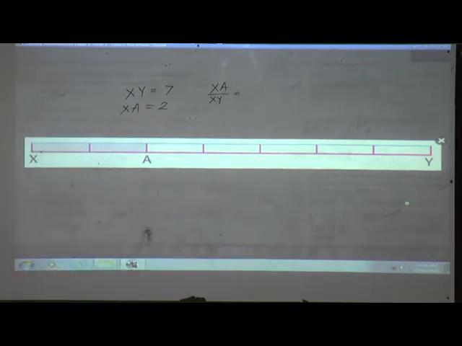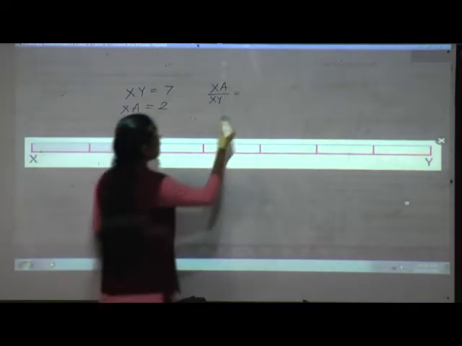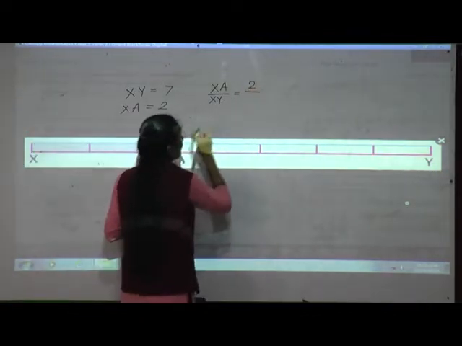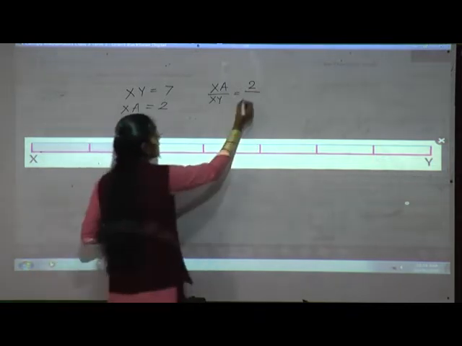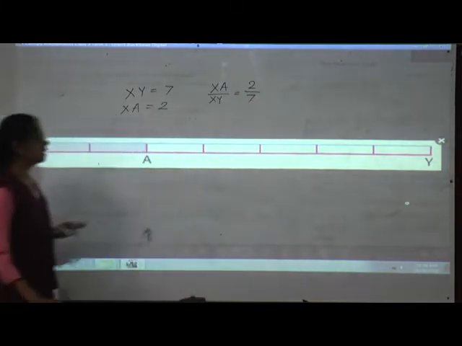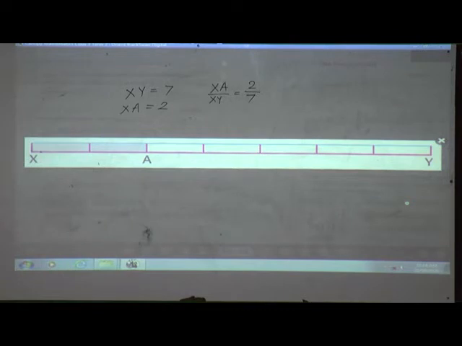XA upon XY. XA is equal to 2 parts are shaded, and XY means total number of parts. Here 7 parts are there, and out of 7 parts 2 are shaded. So what is the fraction of shaded parts in this example? 2 by 7. Clear?